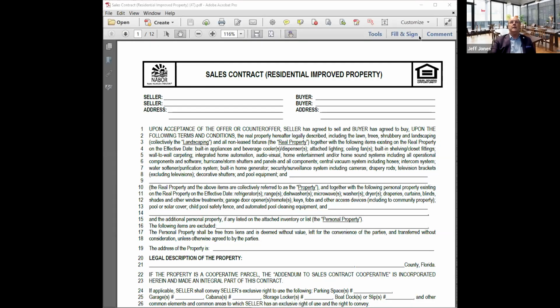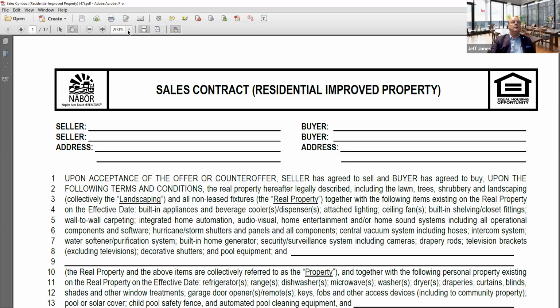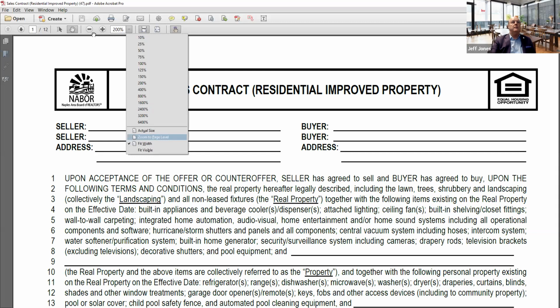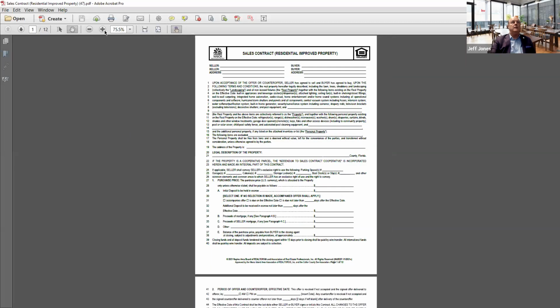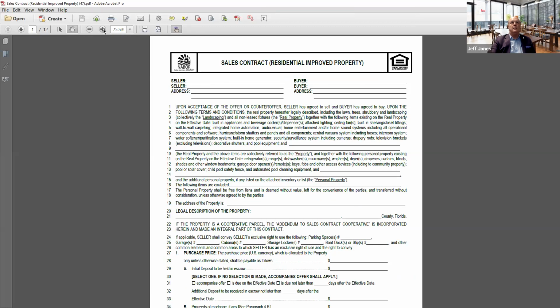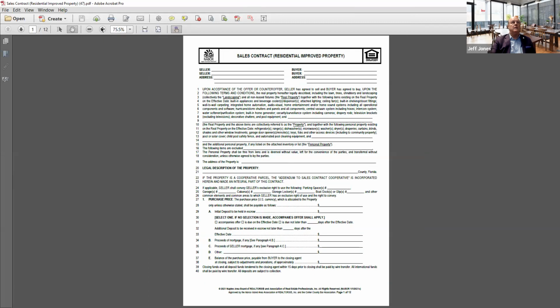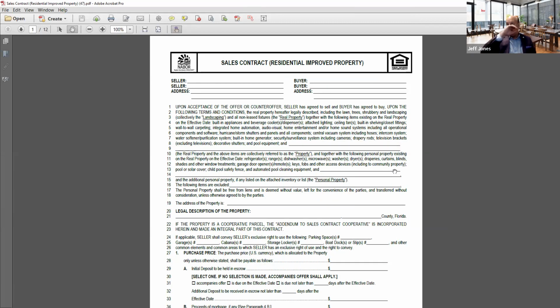All right, let me get this larger. Everybody see that okay? Just give me a thumbs up. Okay. All right. So this is going to be a regular contract.